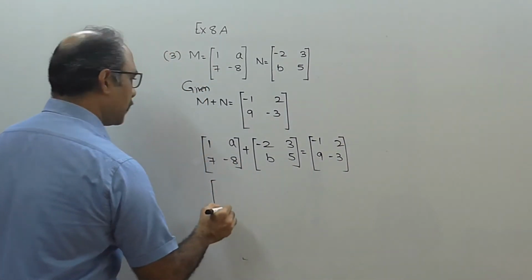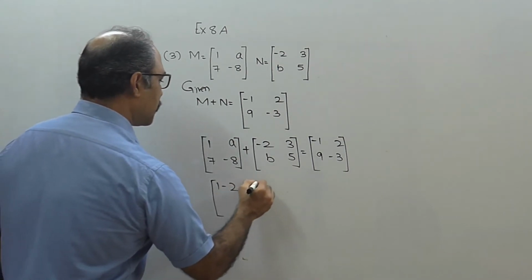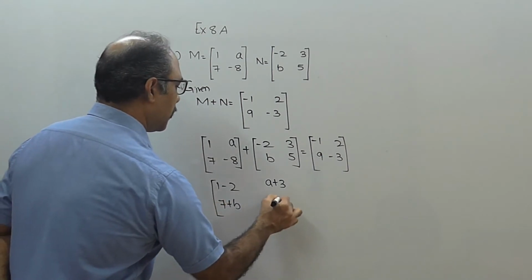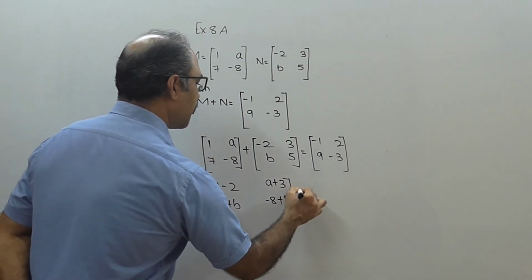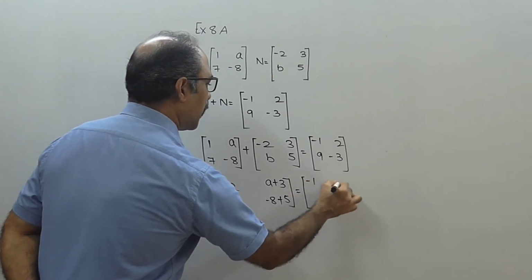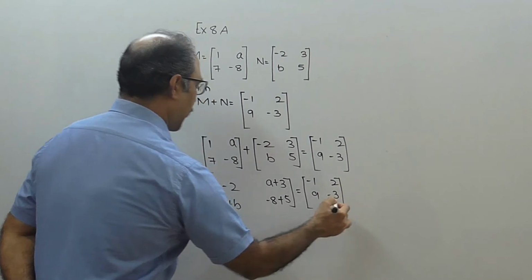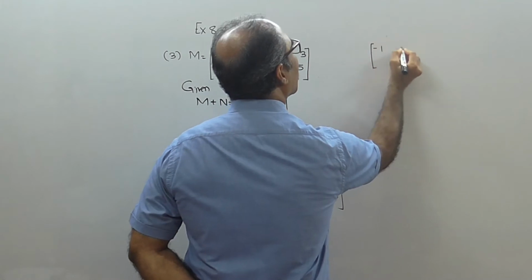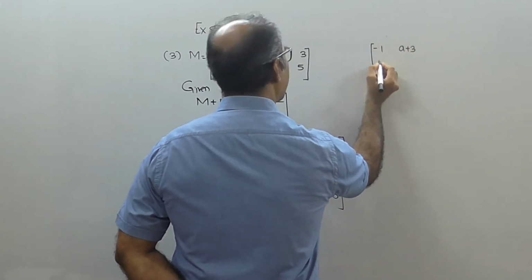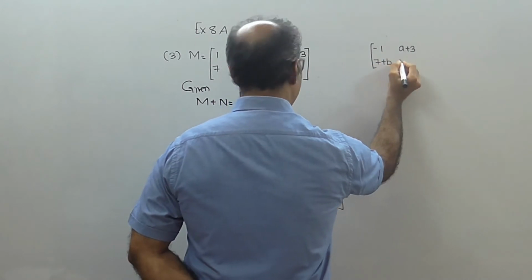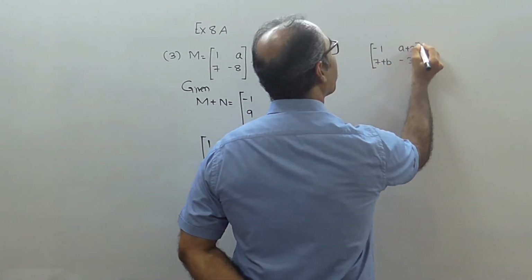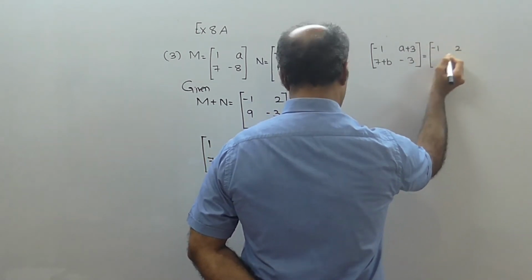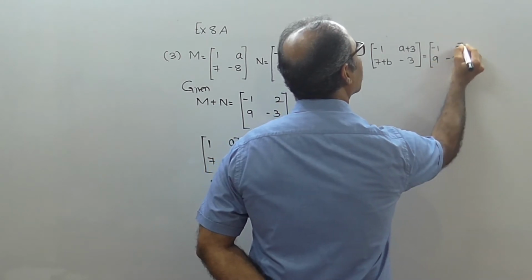So addition will be 1 minus 2, a plus 3, 7 plus b, minus 8 plus 5, that is equal to [minus 1, 2; 9, minus 3]. So 1 minus 2, which is minus 1, followed by a plus 3, 7 plus b, minus 3, that is equal to [minus 1, 2; 9, minus 3].